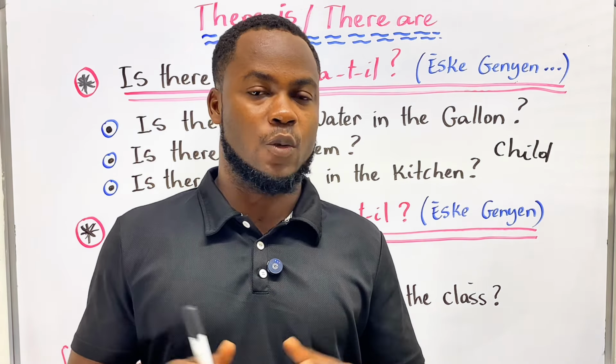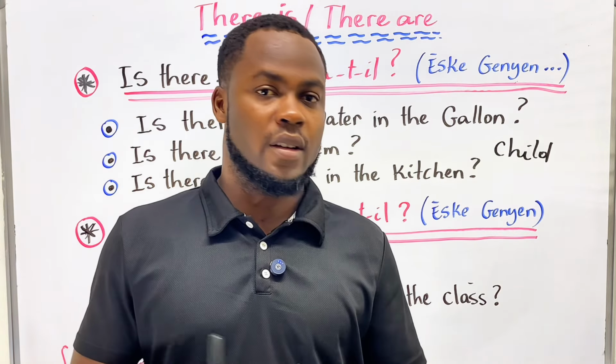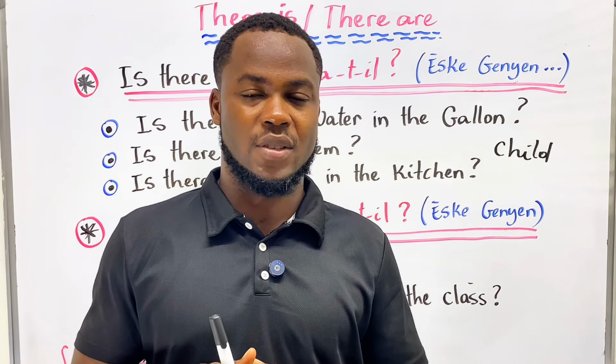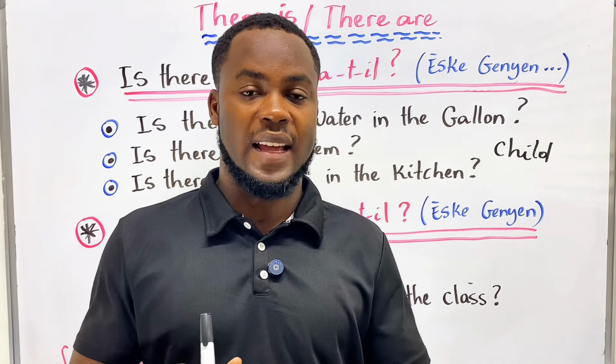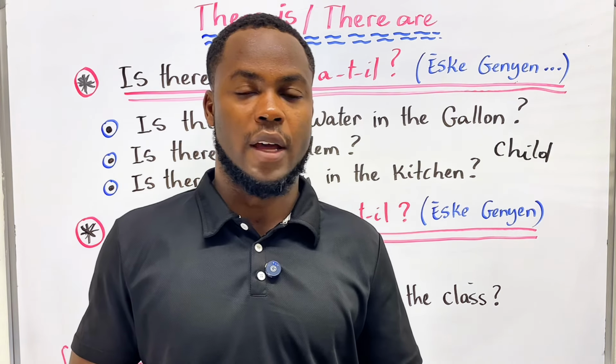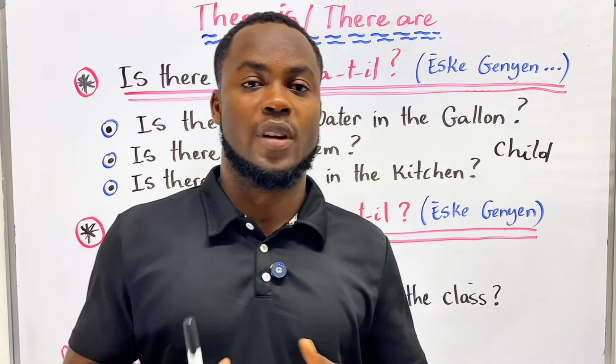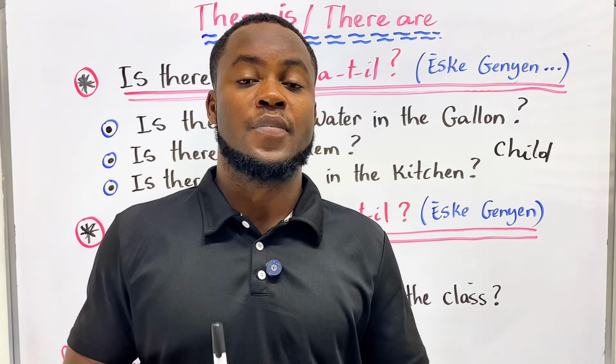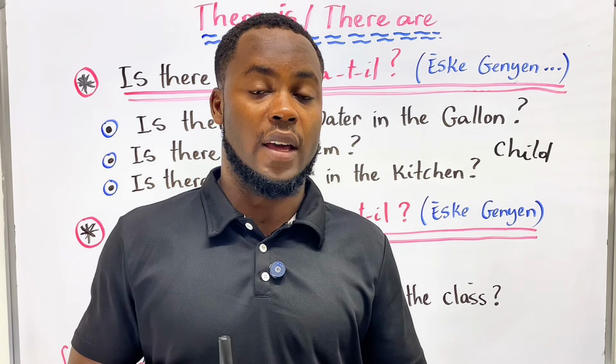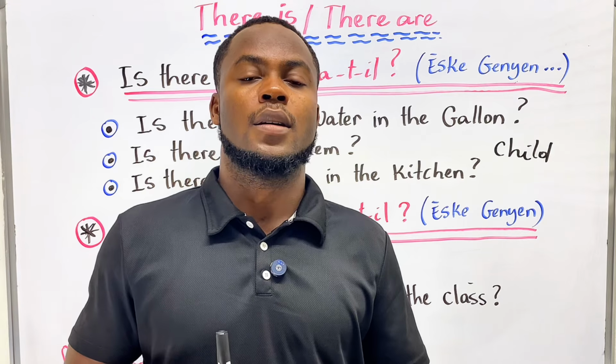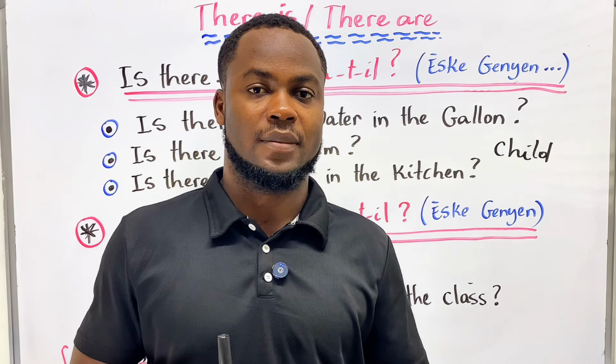When they ask you the question with are there, you don't say yes, there is. You say yes, there are. That's for the affirmative form. But if you want to answer negatively, if they say, is there anybody? I say, no, there isn't.